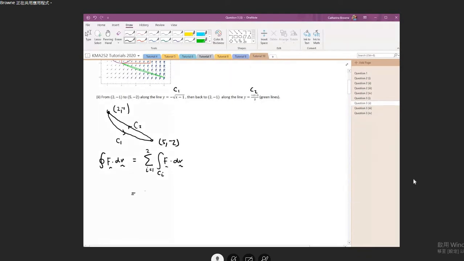So the first one, I'm going from the point 2, minus 1 to 5, minus 2. And then it's sort of the same as before. If I break it down like this, f1 dx plus f2 dy on y is equal to minus x minus 1.